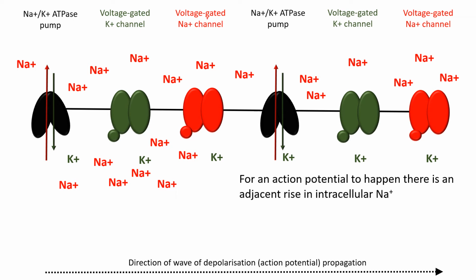So, for an action potential to happen, there is an adjacent rise in the potential, usually in intracellular sodium. So sodium moves in, diffusing through the cytosol, gathering around the voltage sensor on the channels.